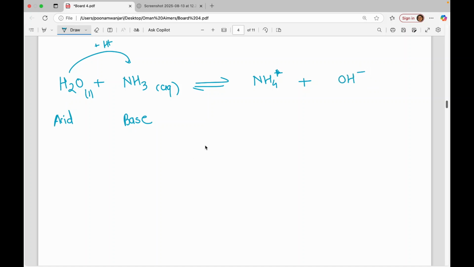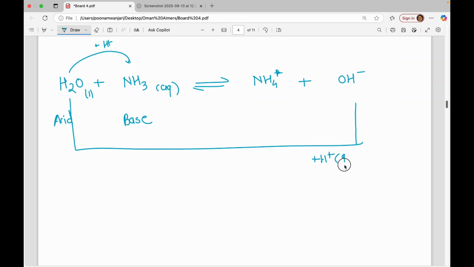Is it possible, students? Take a pause, pause this video and just find out which is a conjugate acid base pair. Now, if this is an acid, then after donating H plus it gives NH4 plus. The OH minus ion is again able to gain one H plus, and it will give a water molecule.